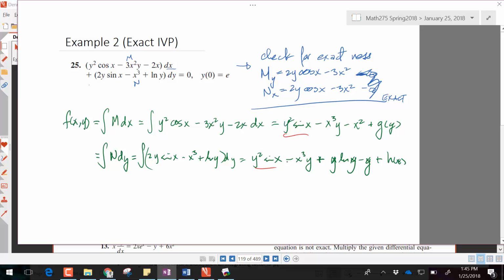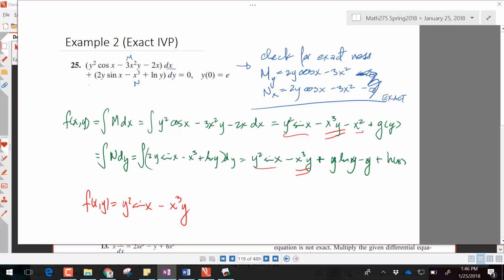These match up, so I'm for sure going to have a y squared sine x in my function. I'm not doubling it, right? I'm not adding this. I'm just matching the terms up to say, okay, which terms did I have for sure? I have these two terms for sure, x cubed times y.